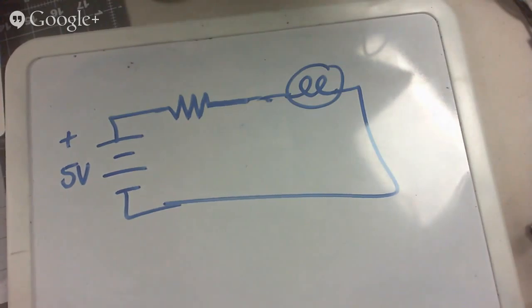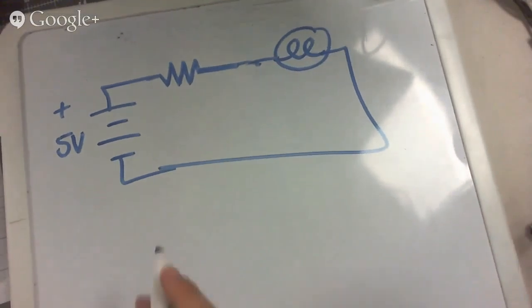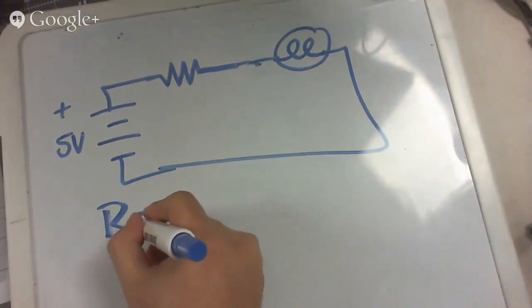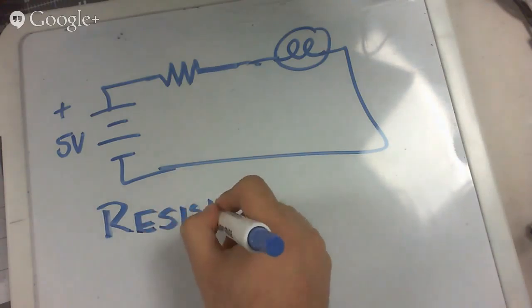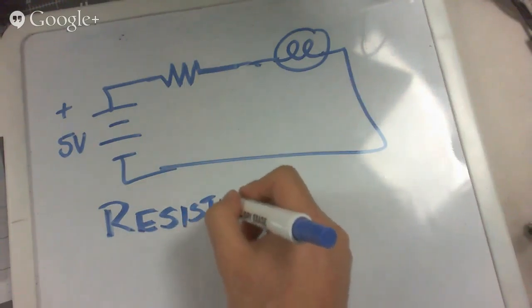Resistors are specifically built. There are tons of types of resistors and different ways they're manufactured, but we're going to focus on little carbon or wire wound ones that you would get at Radio Shack when you pull out the resistor bin.